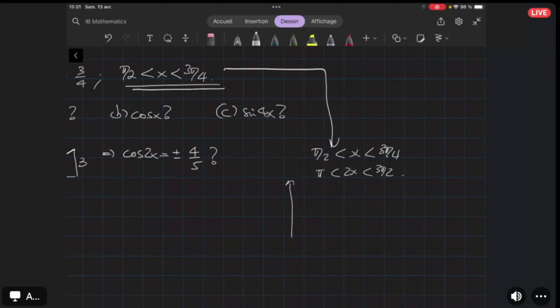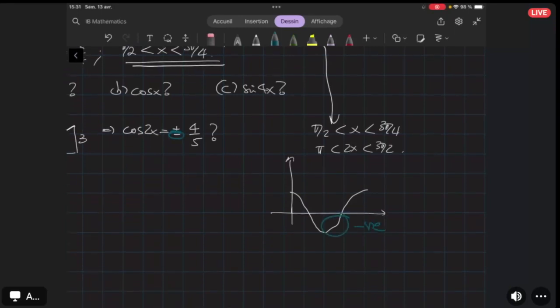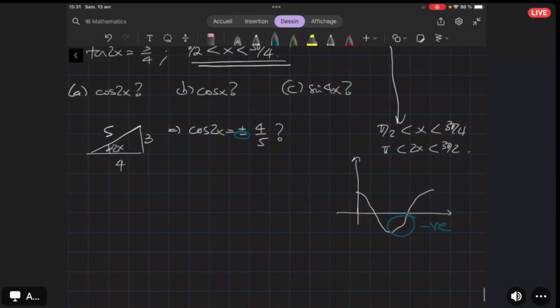In this interval, a proof by staring will clearly tell that it's going to be negative. So cos of 2x is negative 4 over 5.